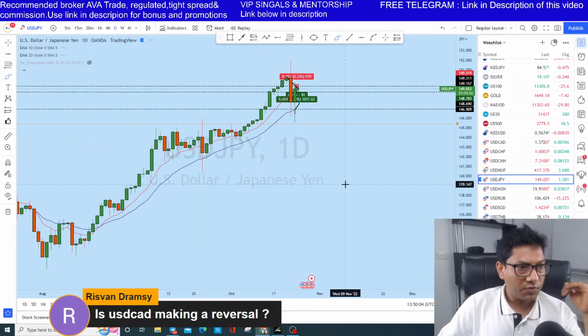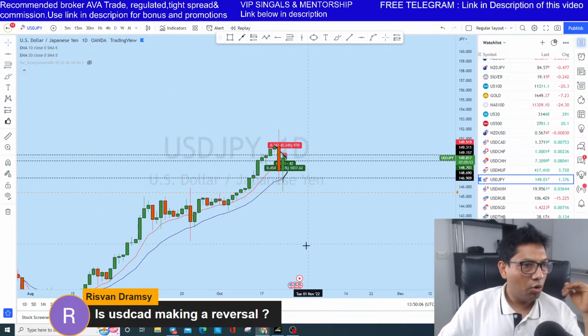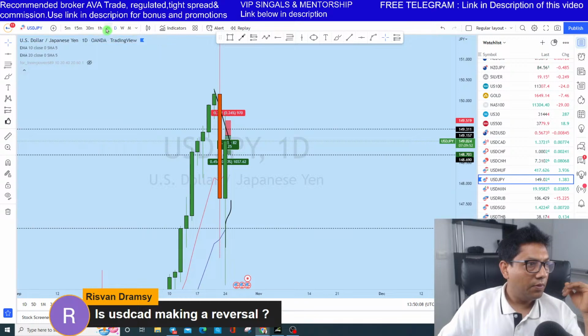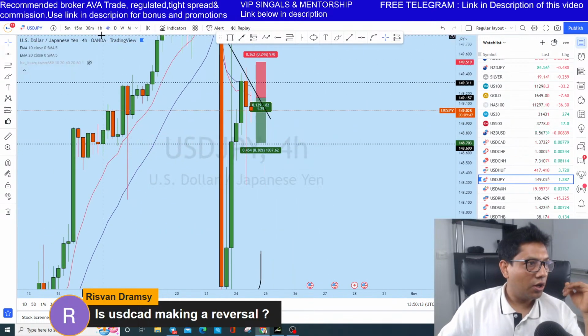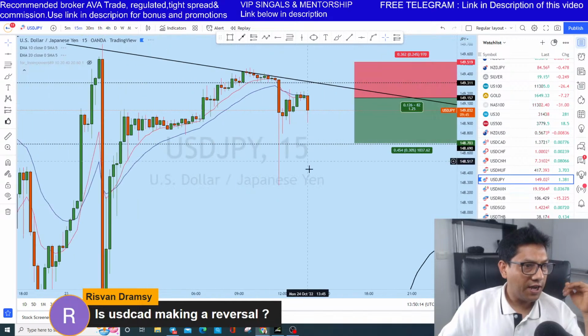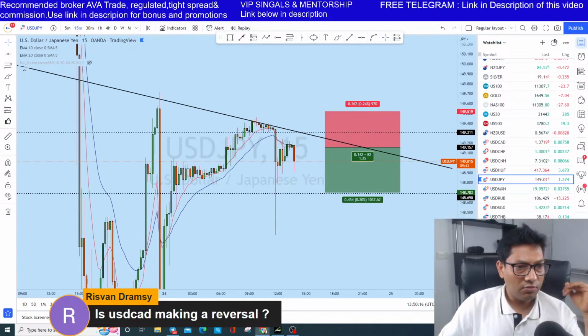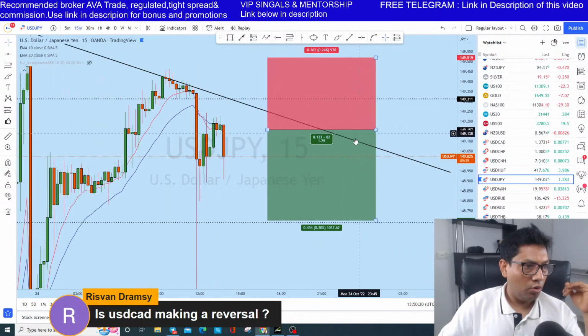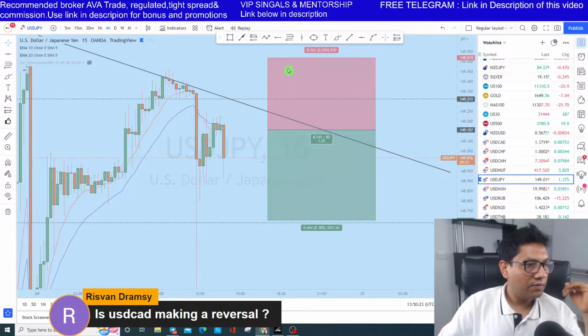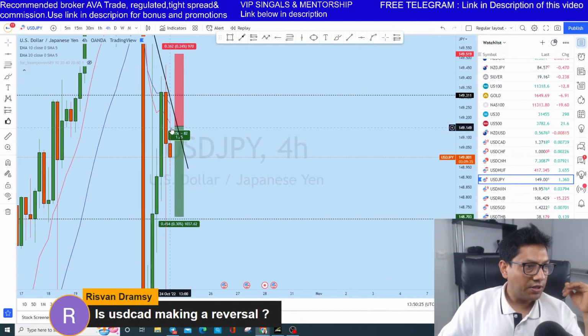I'll be more on, let me look at 4-hour, I'll be more on dollar yen, which, as expected, had a spike down. And I think that dollar yen will drop to a certain level, which is expected.